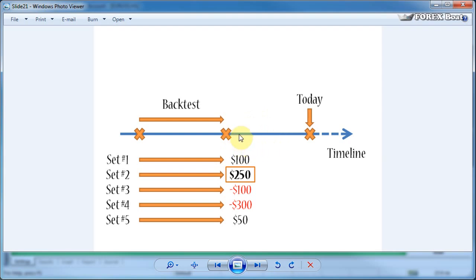But in its essence, this is the approach to optimization. You just come up with a set of parameters, you run the back tests for those parameters, and you look at the results that those parameters yield, and then you choose the best one.